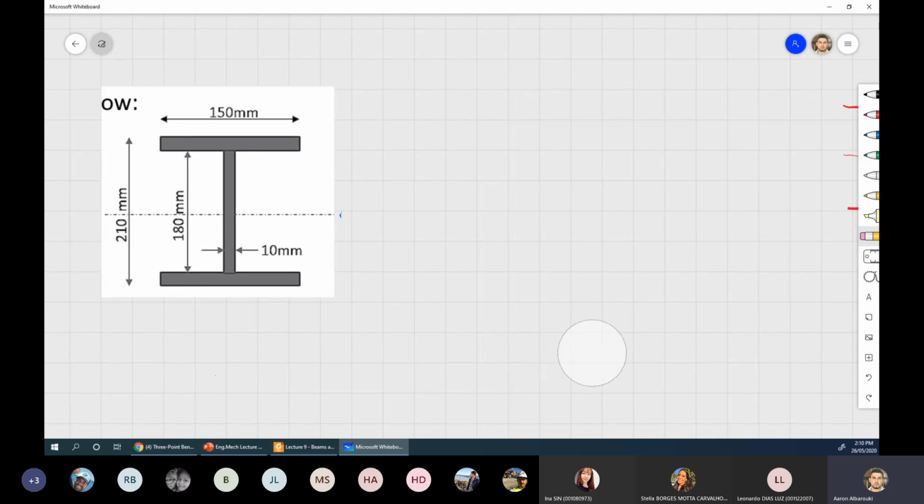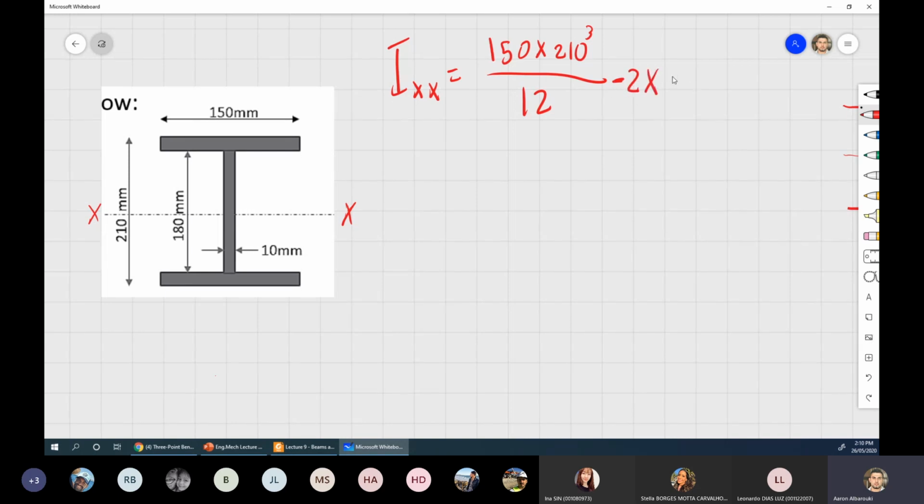We just reviewed how to calculate the IX for a section. So if I need to calculate IX for this member, I'll take the larger one, which is 150 by 210 cubed on 12, minus 2 multiplied by each one of these rectangles.